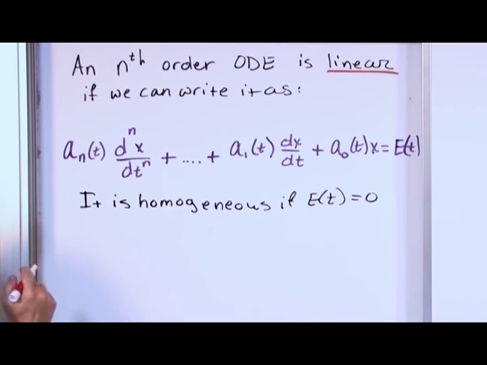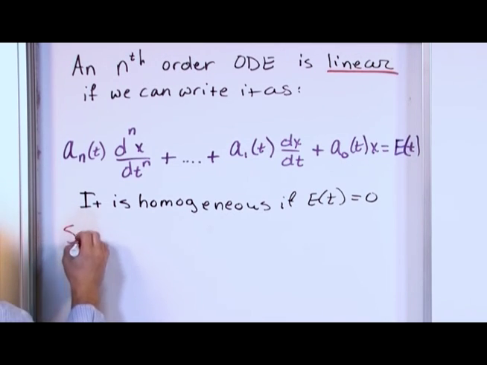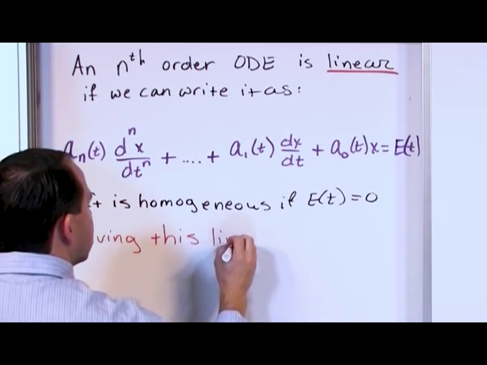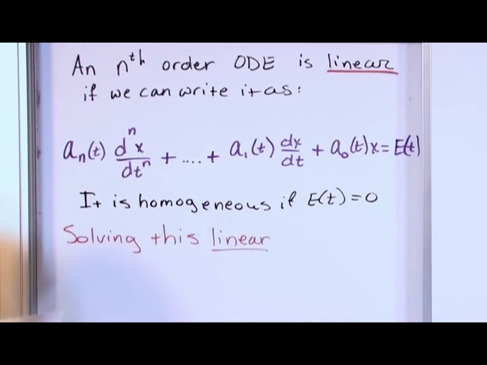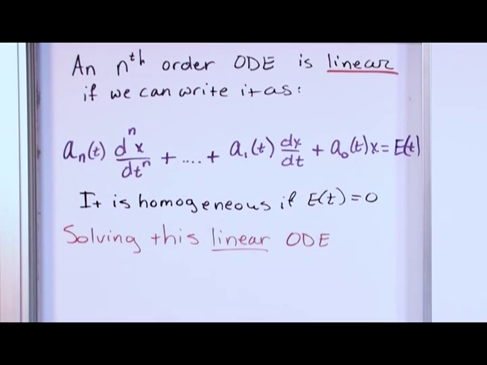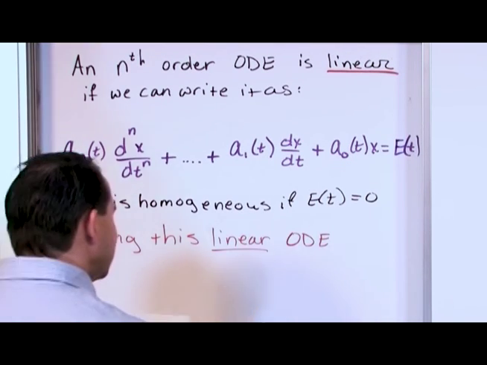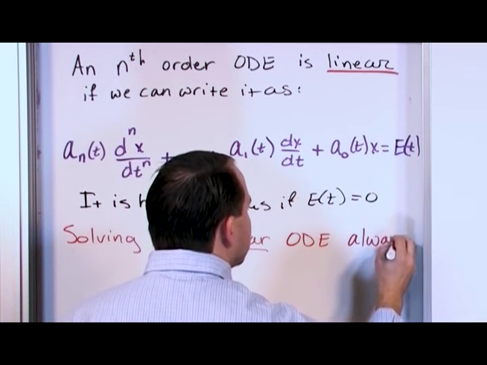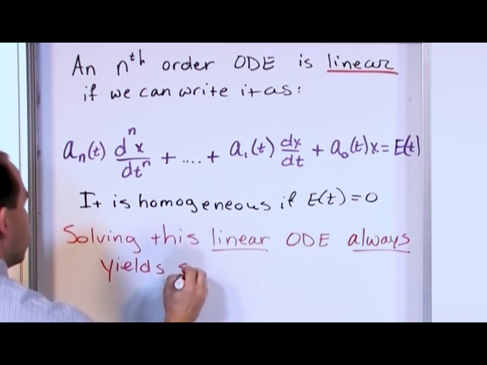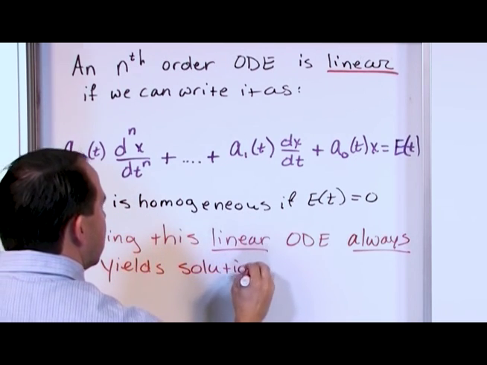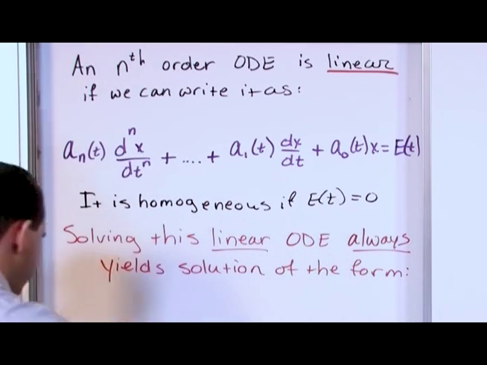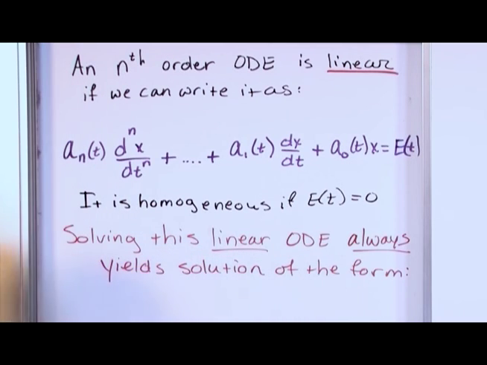All right, so let's write the following thing down. And this is sort of like one of the main things I want to get across in this section. Solving this linear, I'll go ahead and underline linear again, linear ordinary differential equation, which is really what we're going to concern ourselves with for almost the entire DVD, always yields a solution of the form, and this is very, very important because it's going to come back again and again.